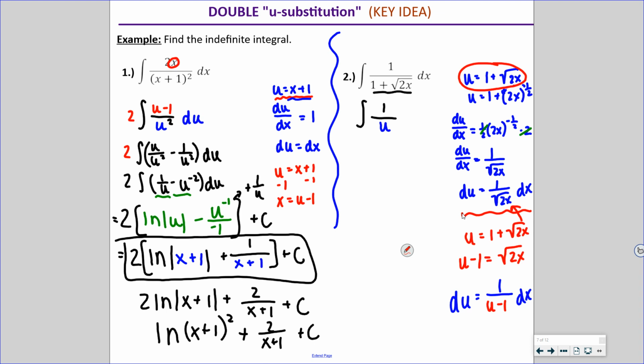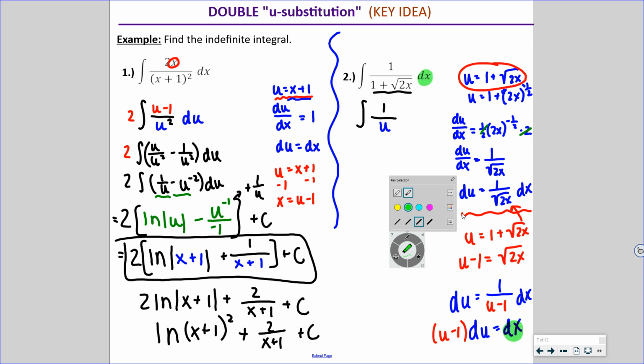So solve this for dx. So that's really what I'm substituting in here. Now I'm going to replace this dx with this u minus 1 times du.